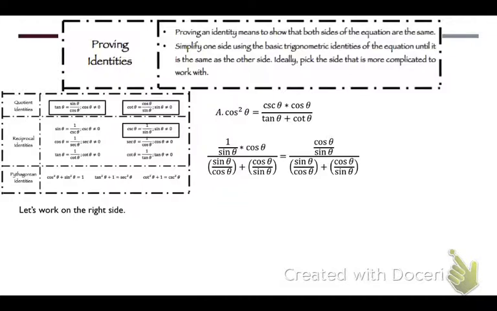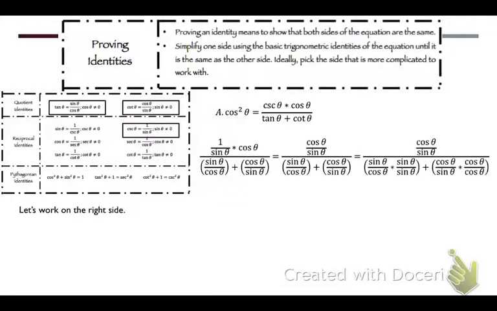We multiply on the top, you get cosine over sine. Then we need to get a common denominator on the bottom. So I'm going to multiply that first fraction by sine over sine, and I'm going to multiply the second fraction by cosine over cosine. So you get cosine of theta over sine of theta divided by sine squared over sine cosine plus cosine squared over sine cosine.